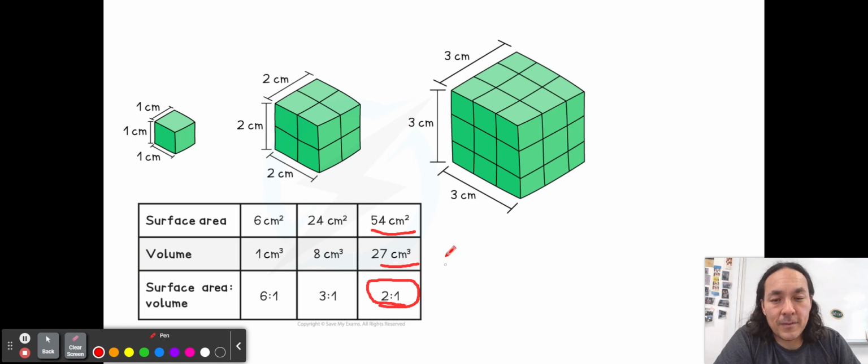This is hard for students. The bigger cell has a smaller surface area to volume ratio than the smaller cell. They are inverse. The smaller cell has a larger surface area to volume ratio. So if we're an oxygen molecule trying to make it to the mitochondria, we got to go all the way into the middle here.